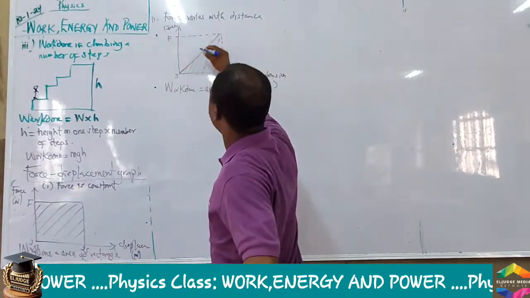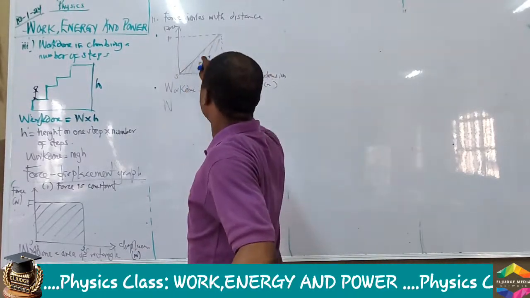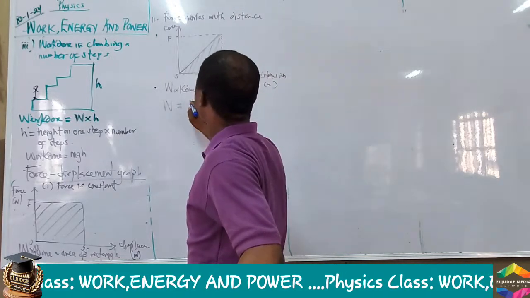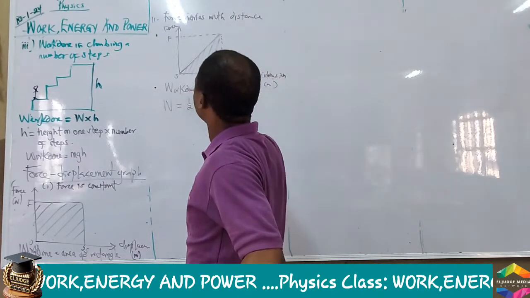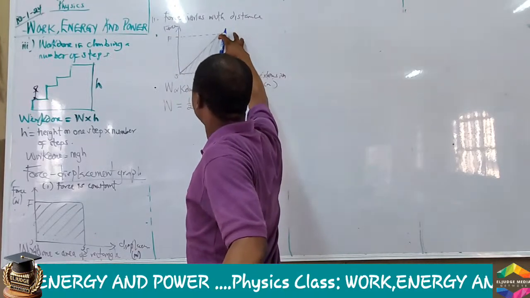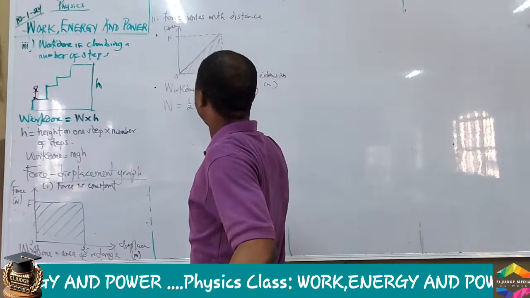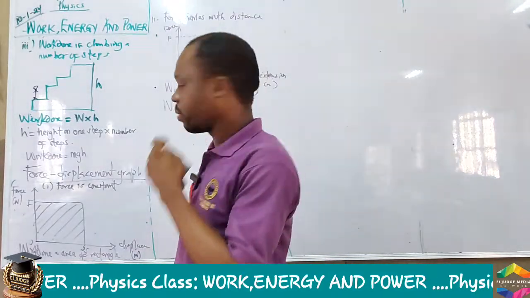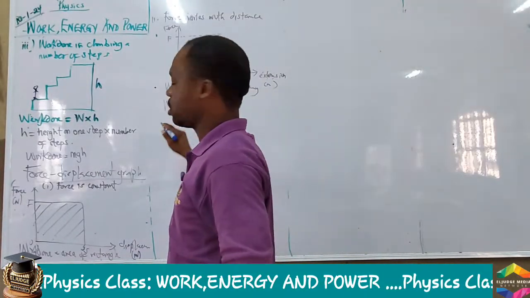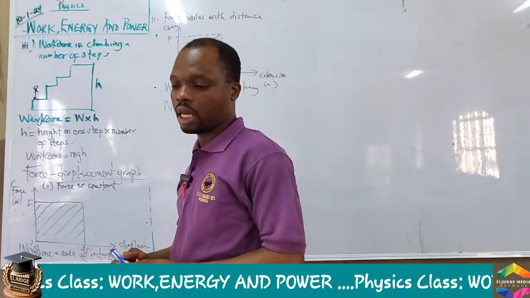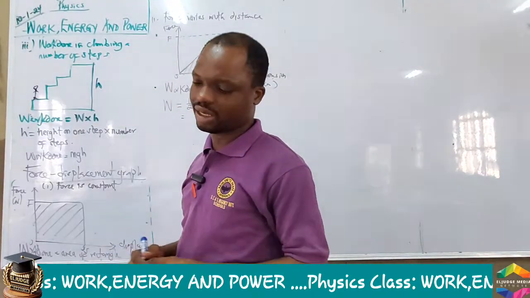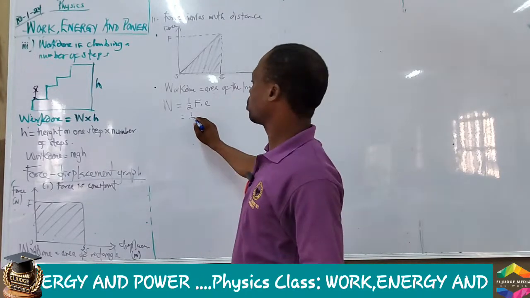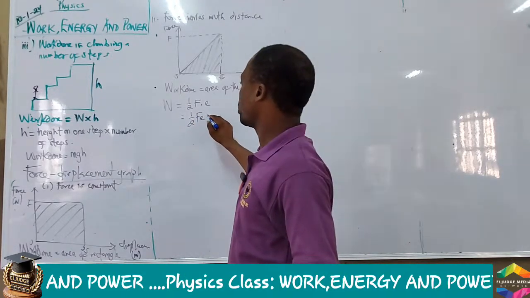What we're going to have here, the work done in this type of diagram is half the height times the base, which is half of FE. This is the work done in stretching an elastic material, let's say a catapult or a spring. So this is the work done, half of FE.